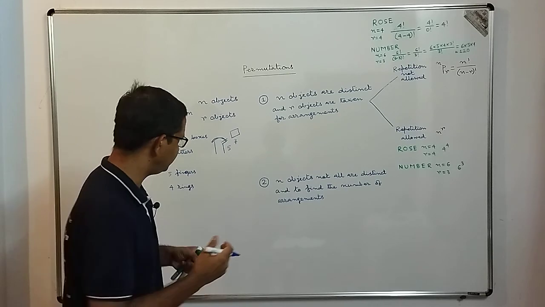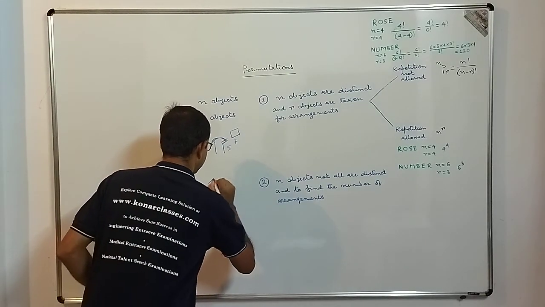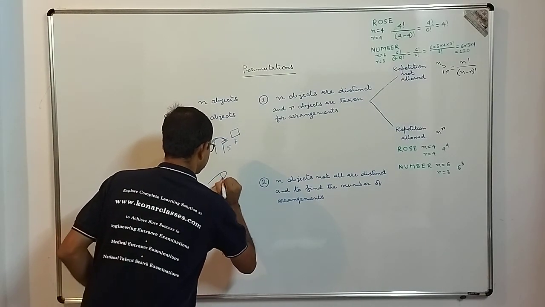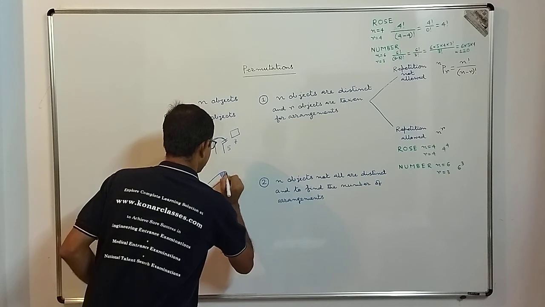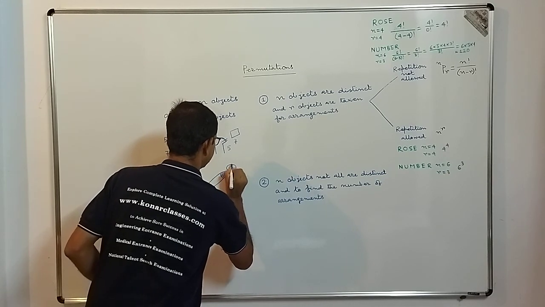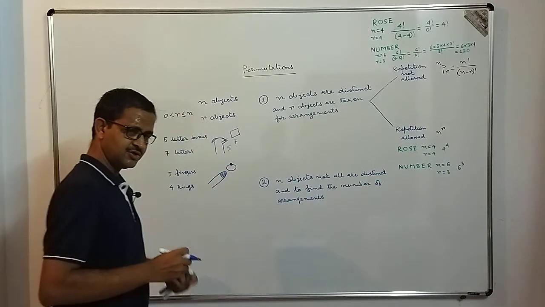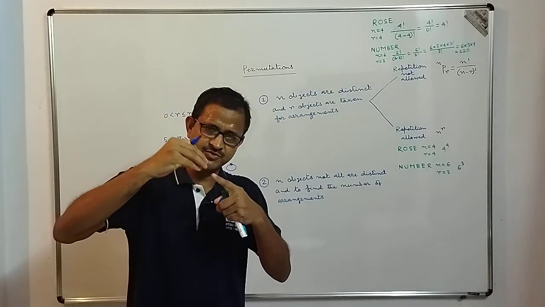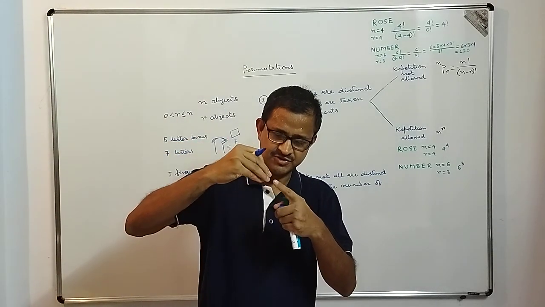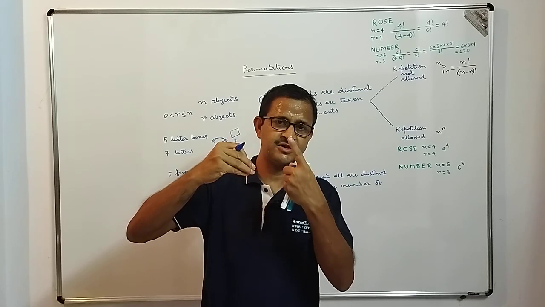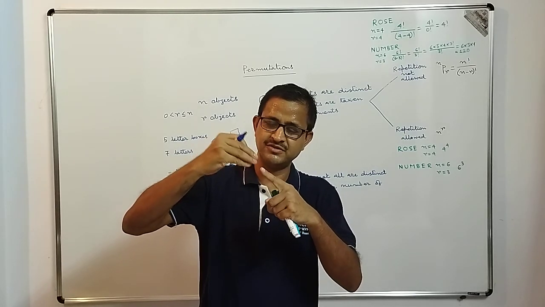What are the different ways? Similarly, how does a finger look? A finger looks something like this, and a ring looks something like this. So when you put a ring onto a finger, you put it something like this. That means the finger is at the bottom and the ring is on the top.